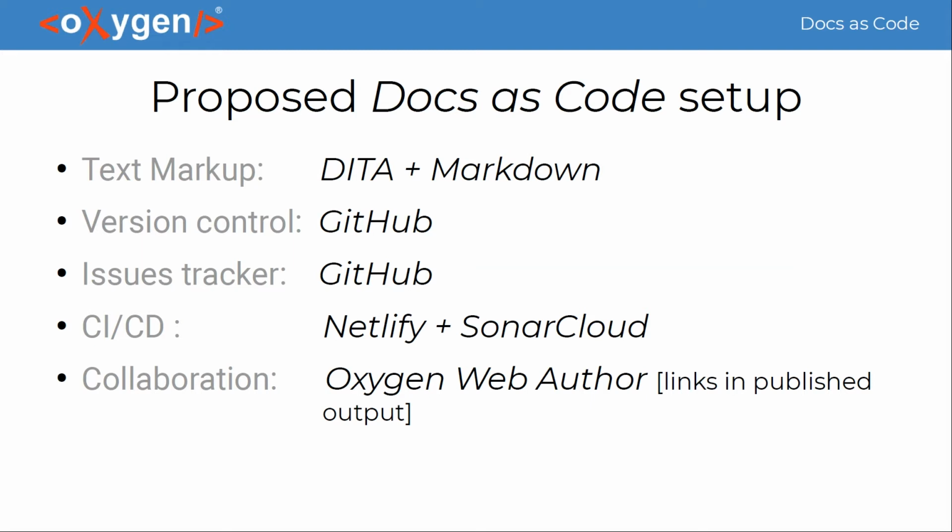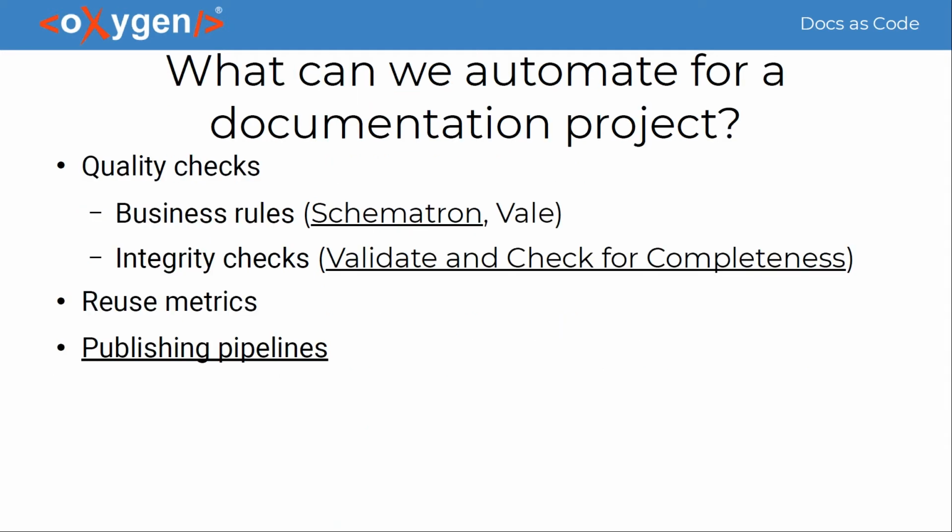And we will publish, we will automate some quality assurance tests, and the results, we'll upload them to Sonar Cloud, which we'll see what it is. And for collaboration, we'll use Oxygen XML Web Author. You've seen this slide before. For this sample project, we will automate some Schematron rules and Oxygen's validate and check for completeness.